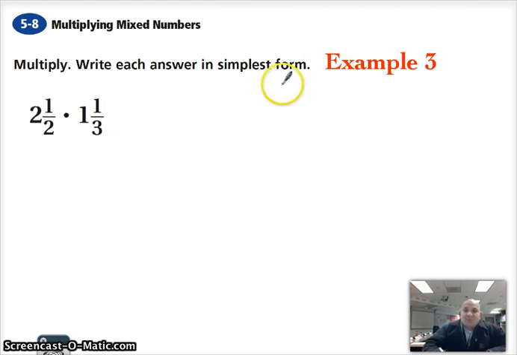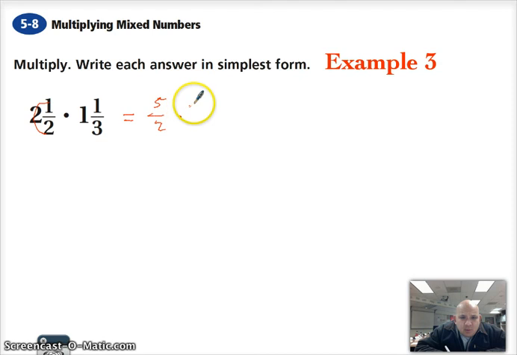Example number 3, now we have two mixed numbers. We're going to do it the same way. Now instead of just making one an improper fraction, we're going to make both of them into improper fractions. So 2 1/2 becomes 5 halves. 1 and 1/3 becomes 3 times 1 is 3 plus 1 is 4, 4/3.